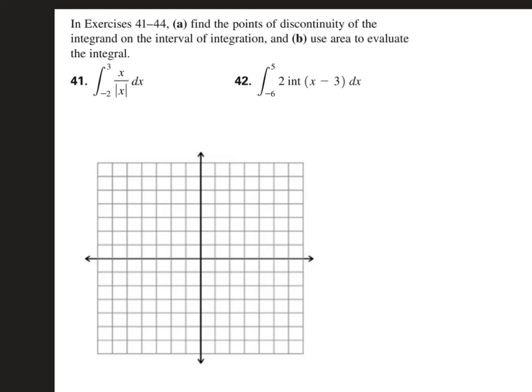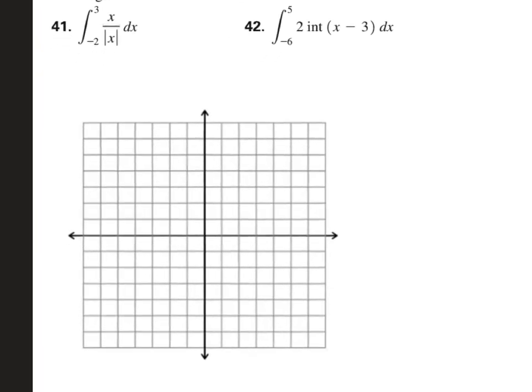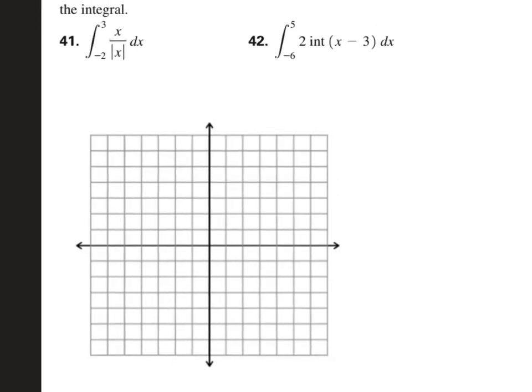Okay, so I don't know if you remember what this graph looks like, x over absolute value of x. Whenever you plug in a positive number, you get 1, and whenever you plug in a negative number, you get negative 1. So this is always either 1 or negative 1.